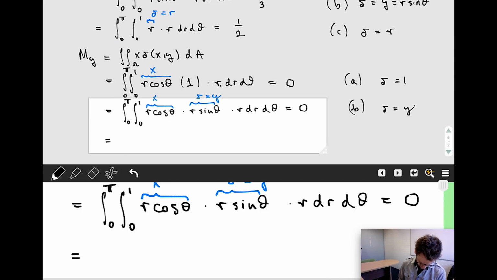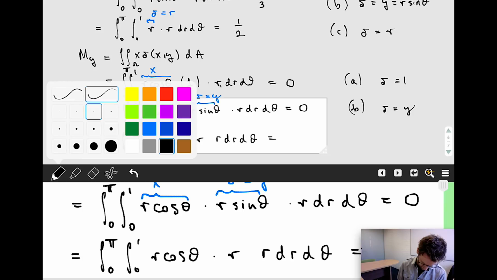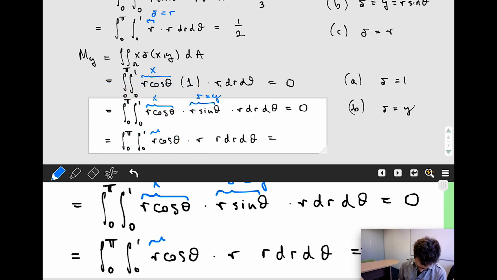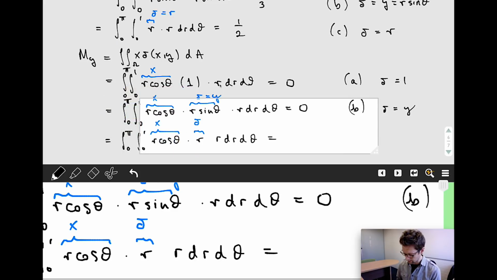And the last case was when delta is equal to r. So here x is equal to r cosine of theta, delta is equal to r, and the integral in this case is equal to 0.